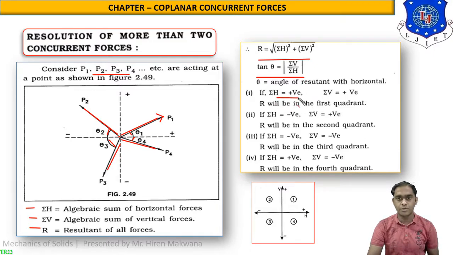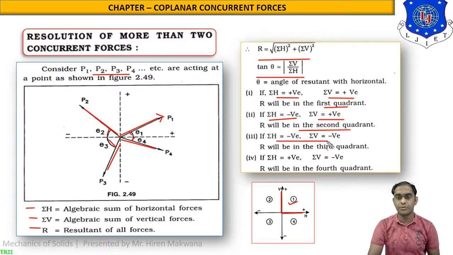If sigma H is positive and sigma V is also positive, then the resultant will be in the first quadrant. You must remember this. You can see in this figure also. Similarly, if sigma H is negative and sigma V is positive, then the resultant will be in the second quadrant.